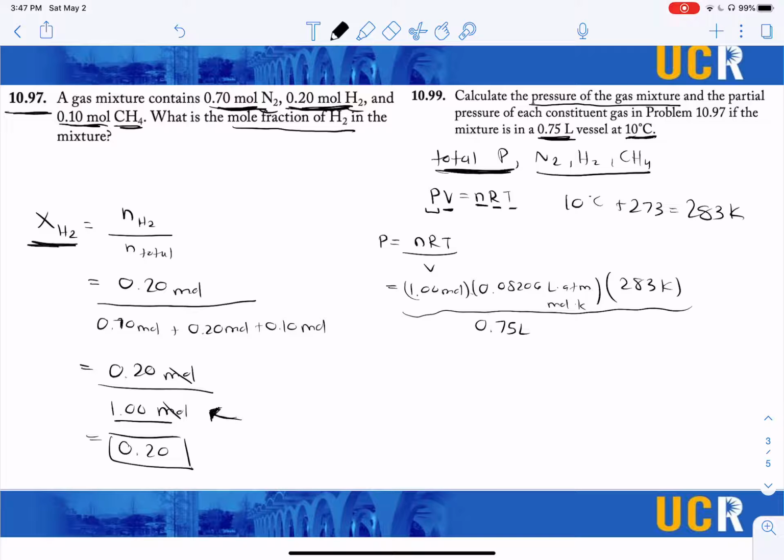If we do this calculation out and cancel everything, we get a value of 31 atm. So that would be the P total, 31 atm.